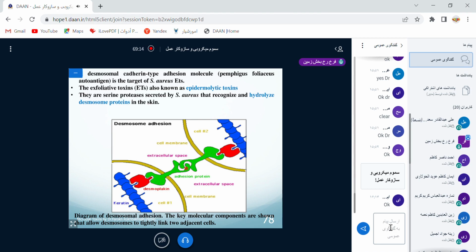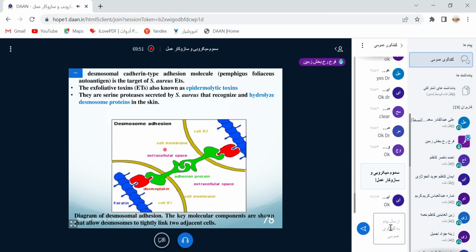In normal case, our epidermis is okay because this interaction happens, this bond happens. It is desmosome adhesion. Okay, so it is the normal case.